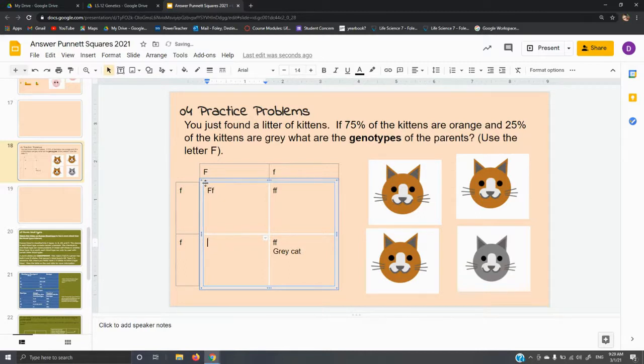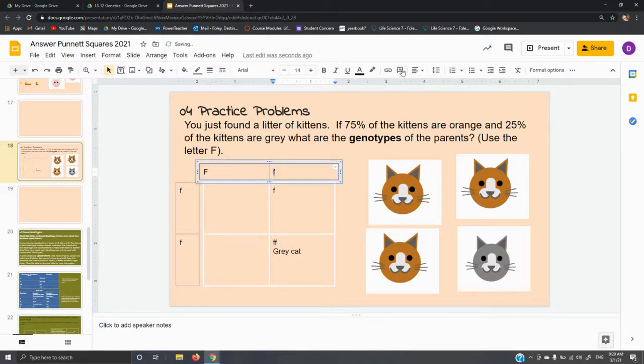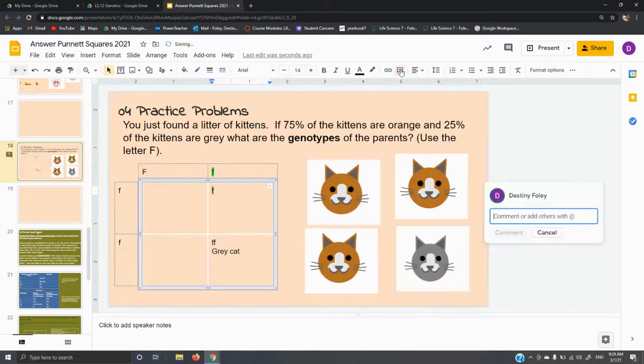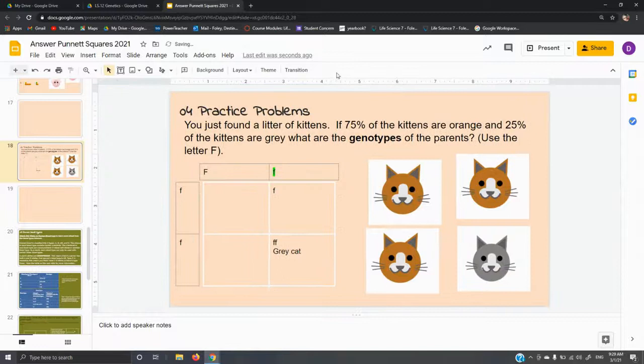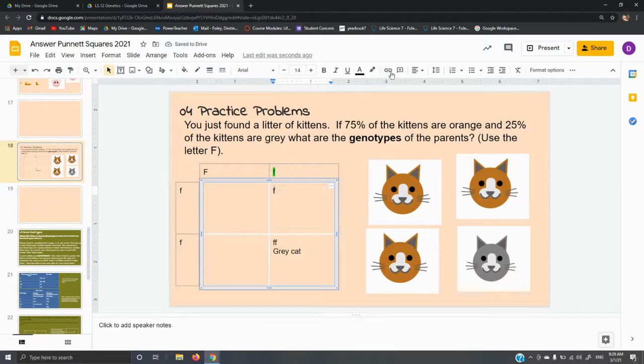So we for sure know that there's a little f here, and that's the color of this. Let's make this lime green. We know this for sure.